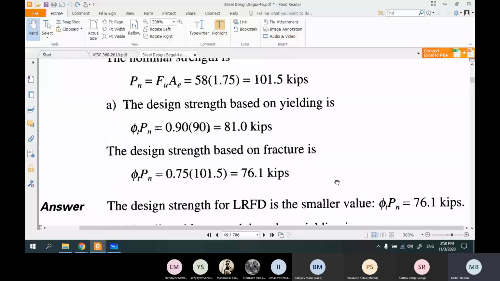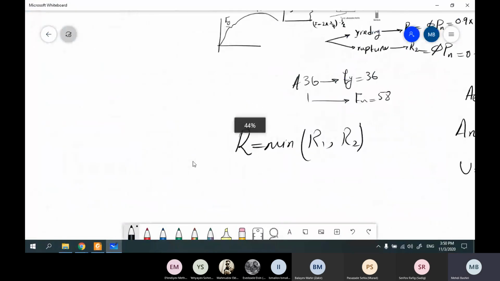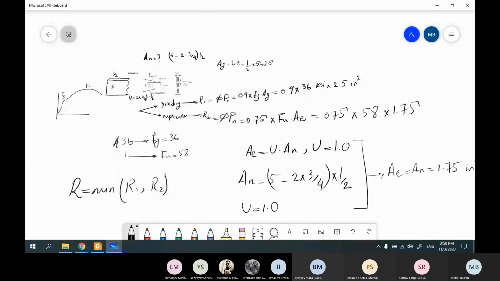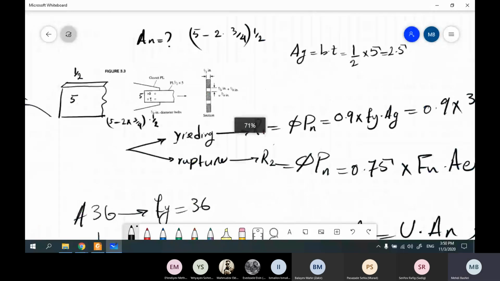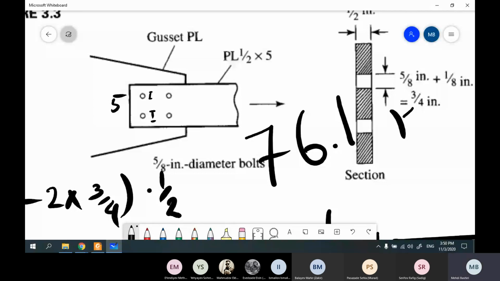And the answer, as I said, is the minimum one, 76.1. So if I ask you what is the capacity of this plate under tension, you should say it's 76.1 kips, kilopound.